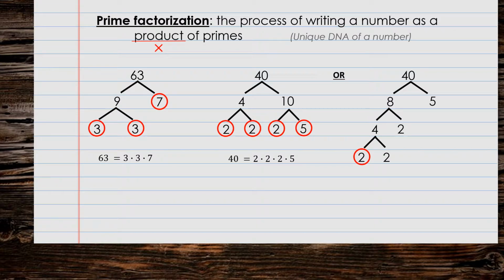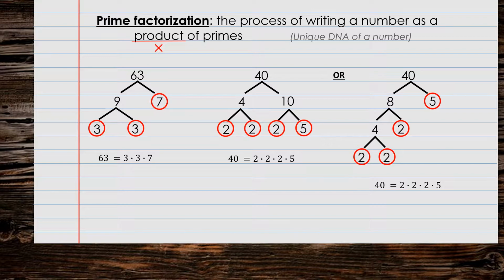Notice 2 is prime. The other 2 is prime. The other branch of 2 is prime. And the last branch of 5 is prime. So notice we have no more branches, we have all berries. So we can rewrite 40 in terms of its berries, which is 2 times 2 times 2 times 5.